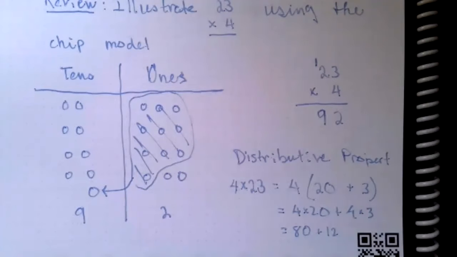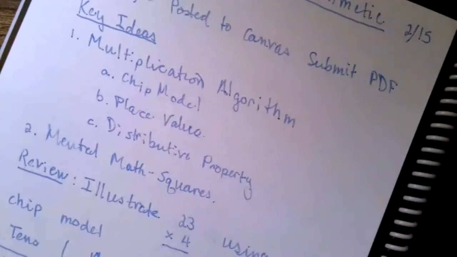Now, on Friday, we talked about several different stages of learning the multiplication algorithm. Remind me of what stage we left off with, please. Five. Okay, and what was the title of that?